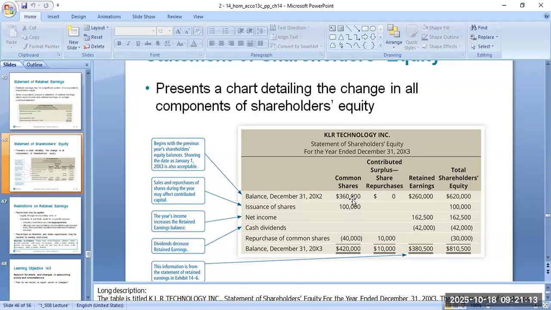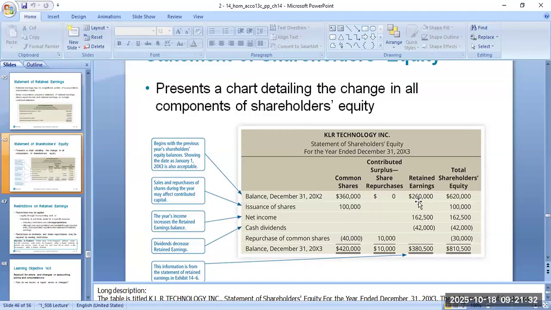Then, as you can see here, we issued new shares during the period of 1 year from December 31st, 2022 to December 31st, 2023. We issued 100,000 common shares and we purchased back 40,000 common shares.